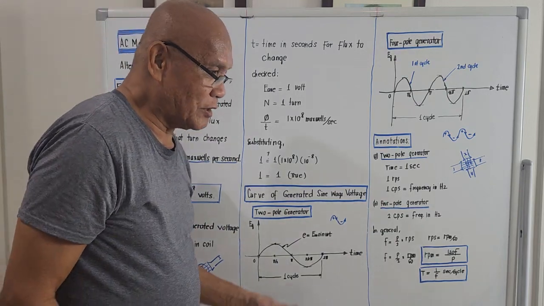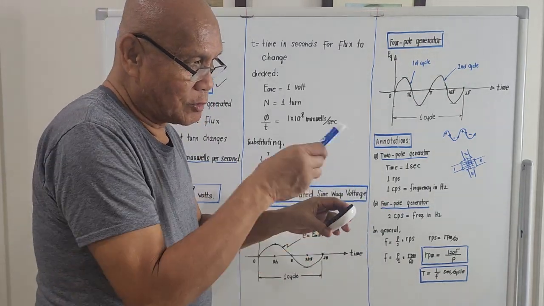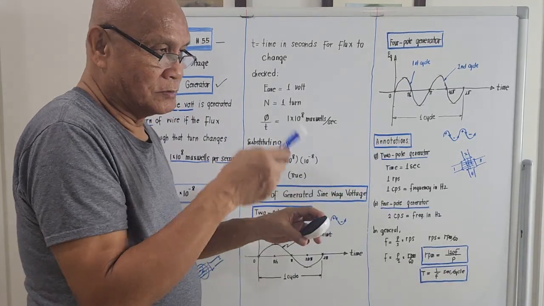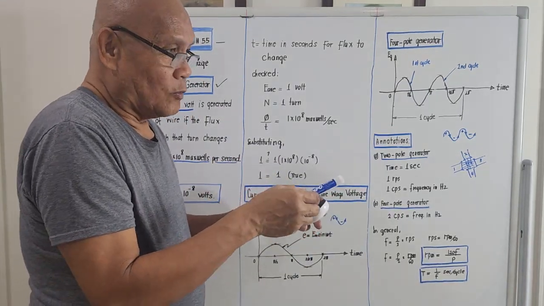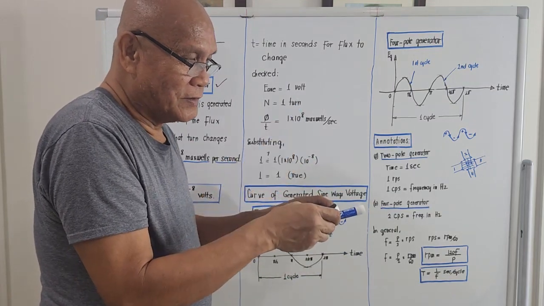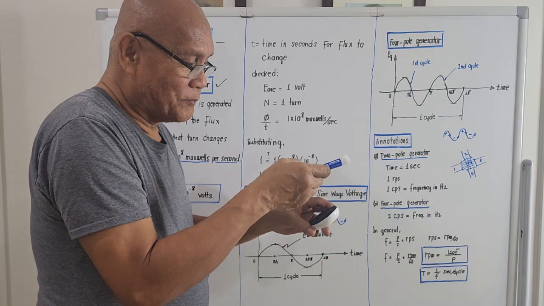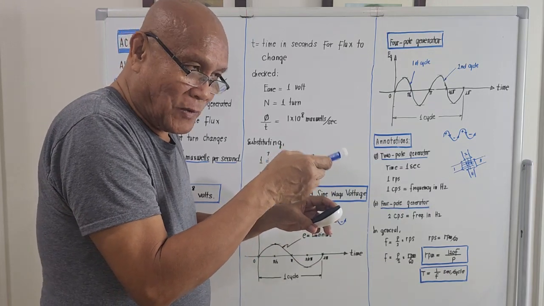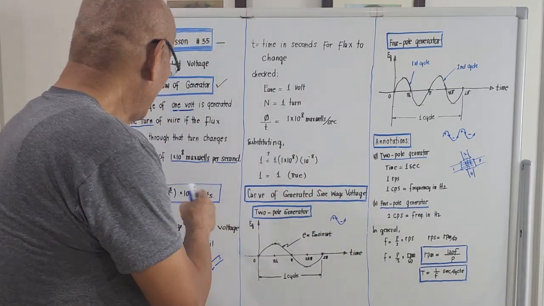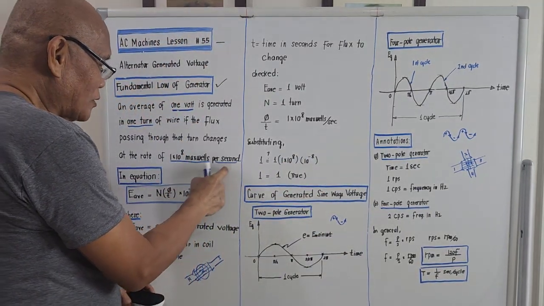So, if there is a source of flux and a conductor passes through it, 1 volt is generated for every turn of wire that passes through this flux, which is changing at the rate of 1 times 10 to the 8 Maxwells per second.